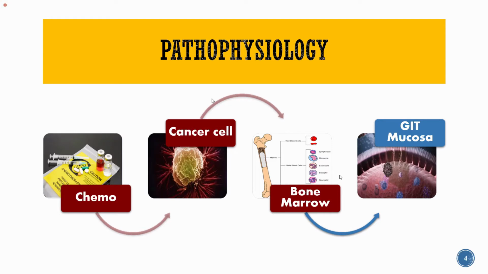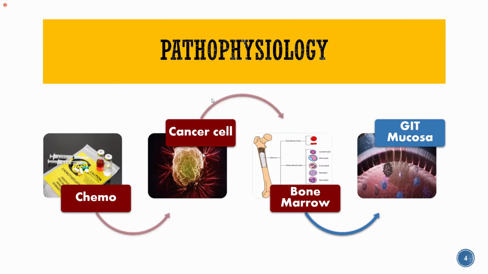There will be no more production of neutrophils, and the circulating neutrophils in the peripheral blood will go down in number, which produces the neutropenia. We expect neutropenia 1 week to 10 days after the chemotherapy was started. This period is called the nadir period, when we anticipate that the patient can have the maximum myelosuppression.